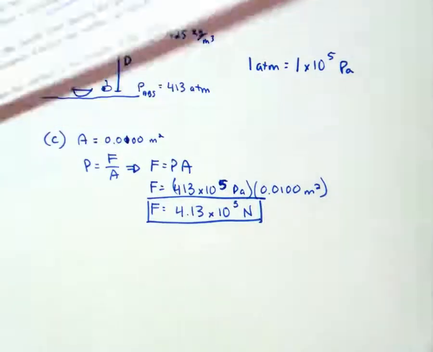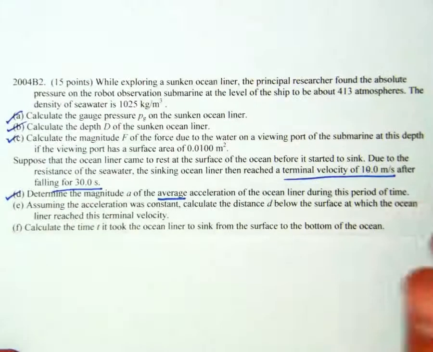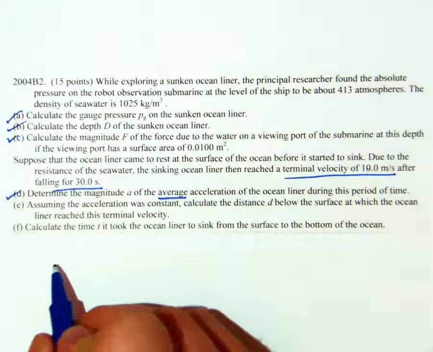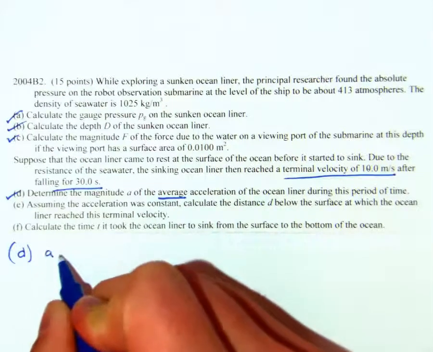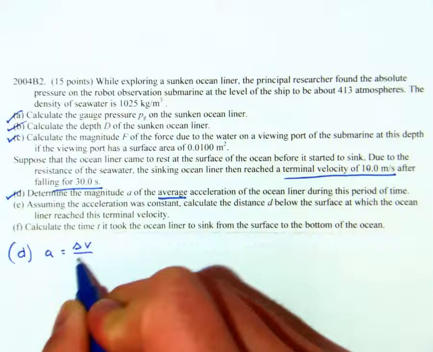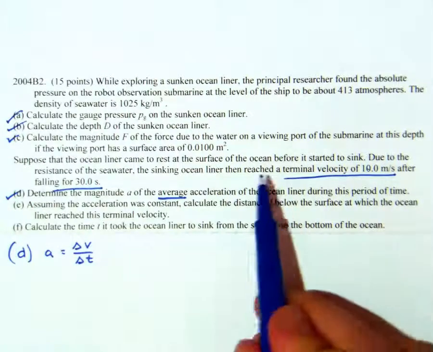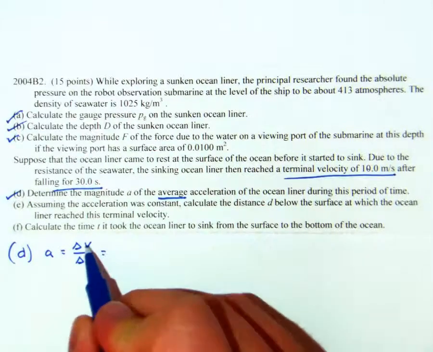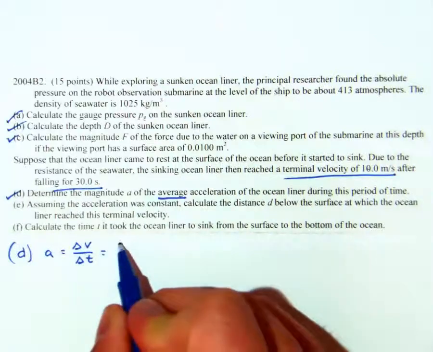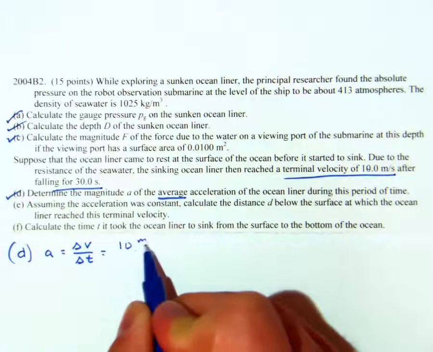If this ocean liner starts to sink, then I know that for part D, acceleration is defined as the change in velocity over change in time. We read that it reaches a velocity of 10 meters per second after 30 seconds, which means the change in velocity is from 0 to 10, which is a positive 10 meters per second.